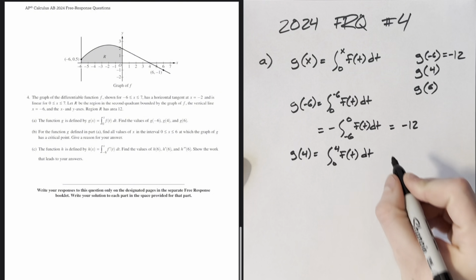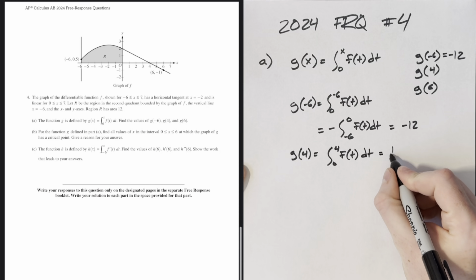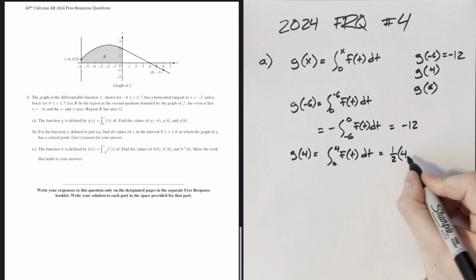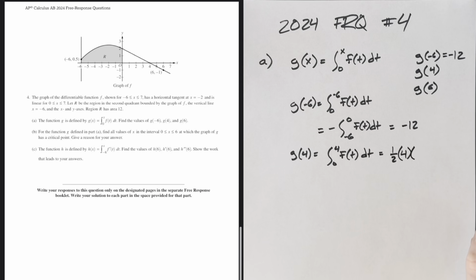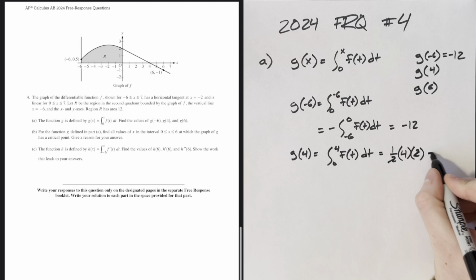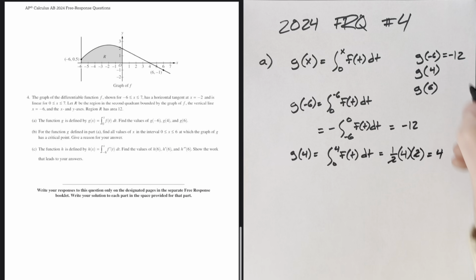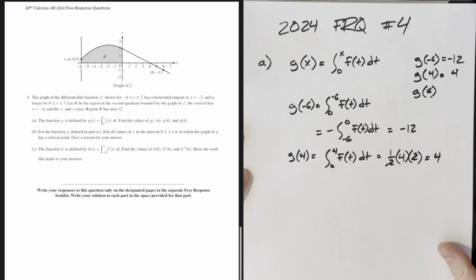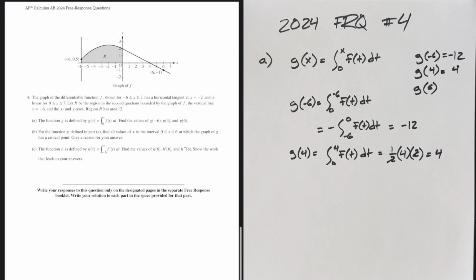We have a triangle, so it's 1/2 times a base of 4 and a height of 2. These 2's cancel out, and we are left with 4. And that is g of 4, because a definite integral of a function above the x-axis is just the area under the curve.